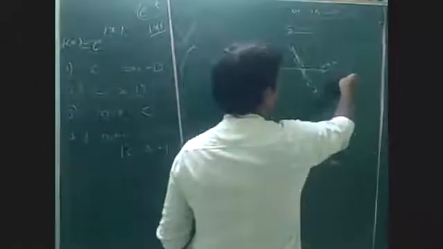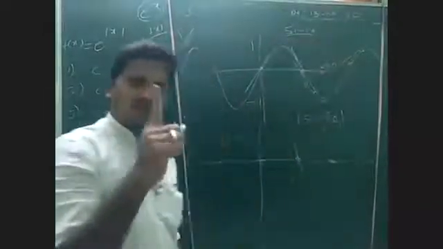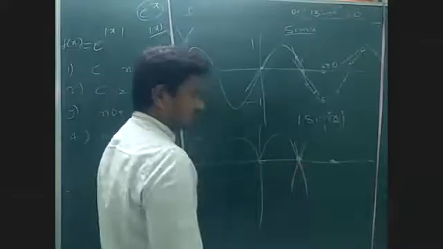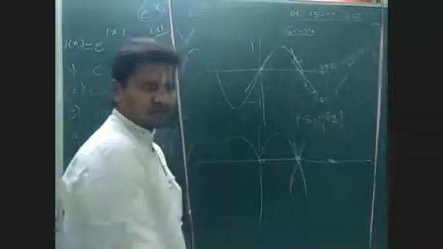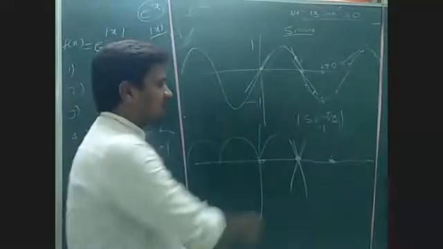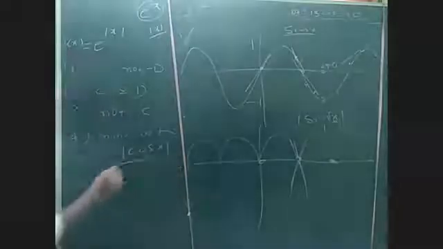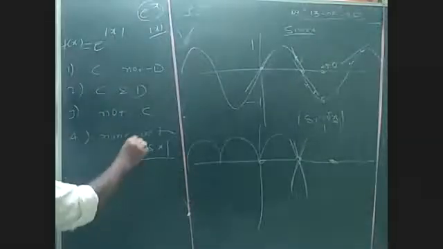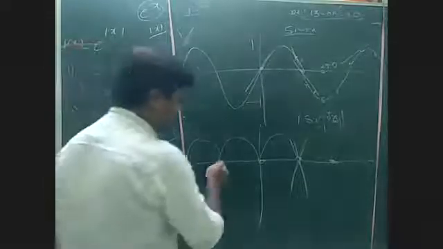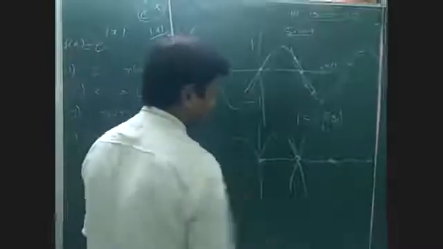But at this point we get two tangents, so it is not differentiable. We'll get the sharp point. In the same way, modulus cos x also is continuous everywhere, but not differentiable. The reason is there exist infinite sharp points.